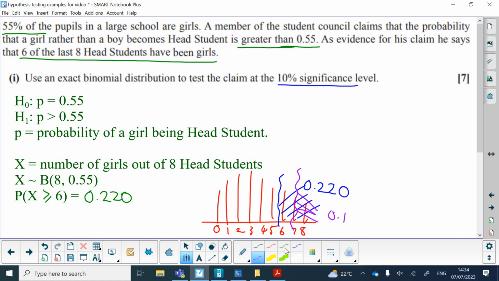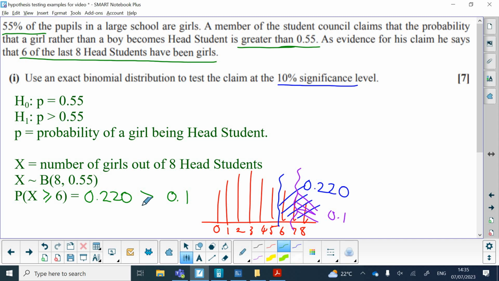Okay, so we need to compare our p-value, our probability of getting something at least as extreme as 6, with our significance level. And we know that it's greater than. So again, we have insufficient evidence to reject the null hypothesis because our observation of 6 is not that extreme out of 8.